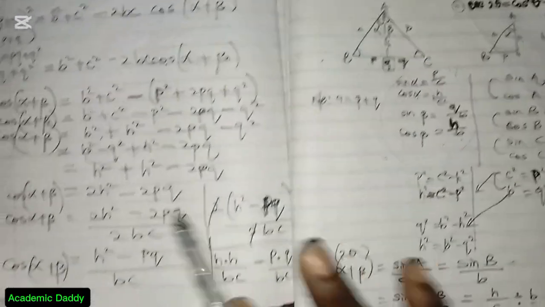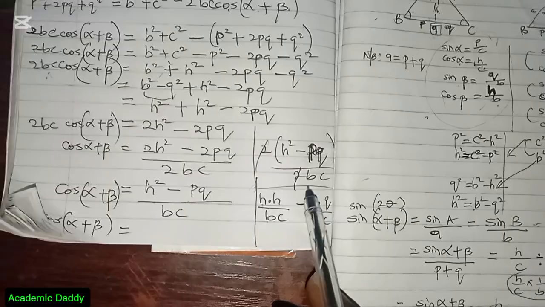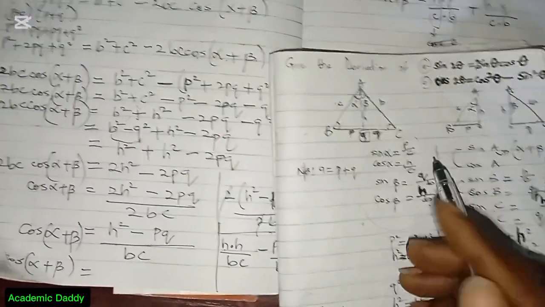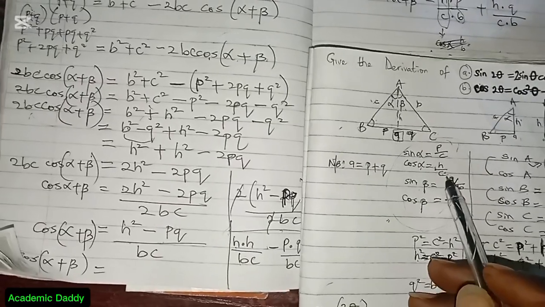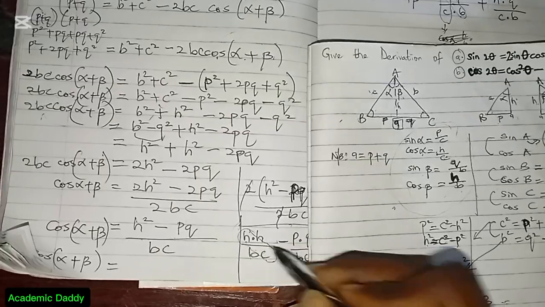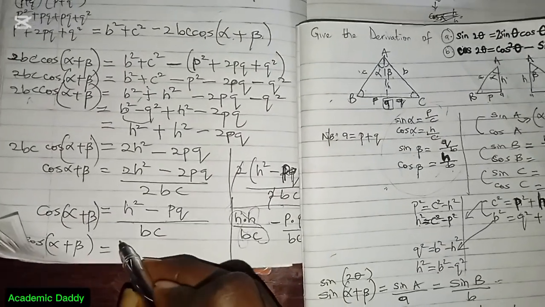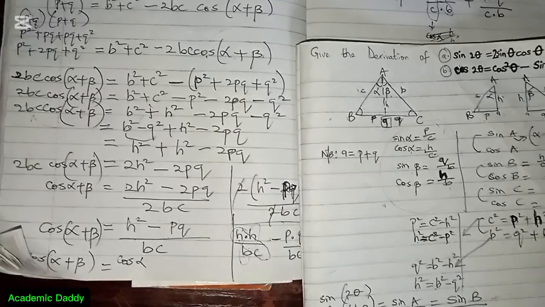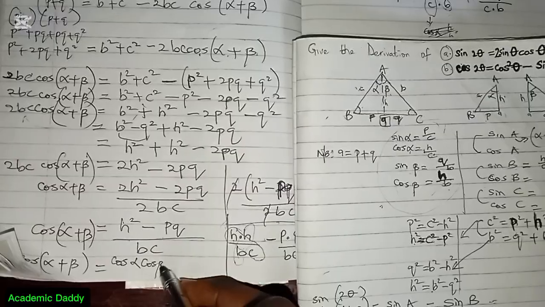So we have here, remember that everything here is the same thing with this. So we have h over b to be cos beta, h over c to be cos alpha. So I can do this way, h over c, h over b. So if I do that, I now have h over c to be cos alpha, h over b to be cos beta.